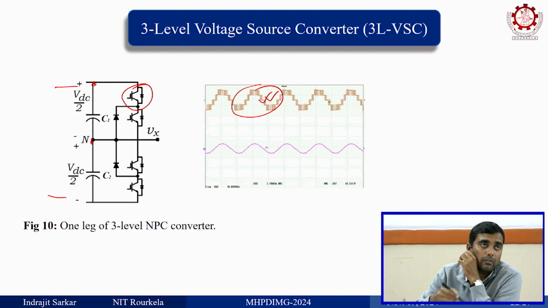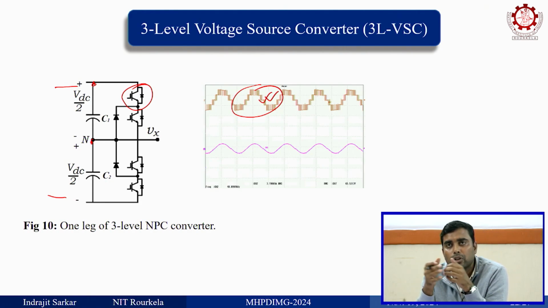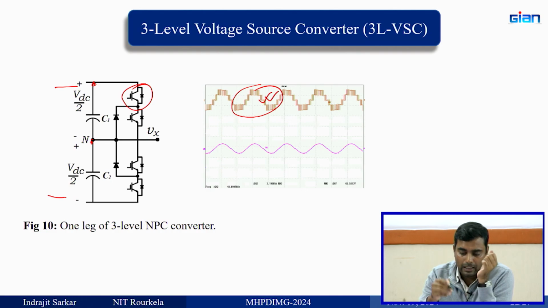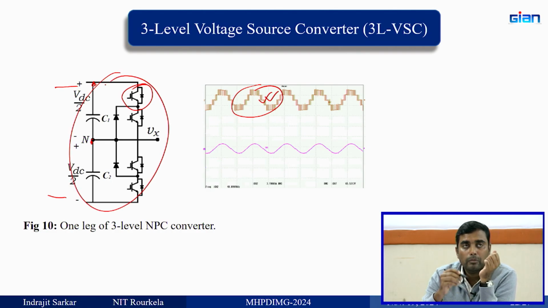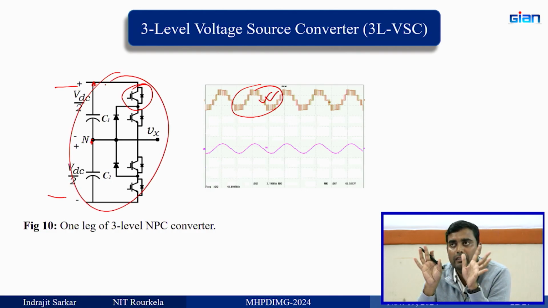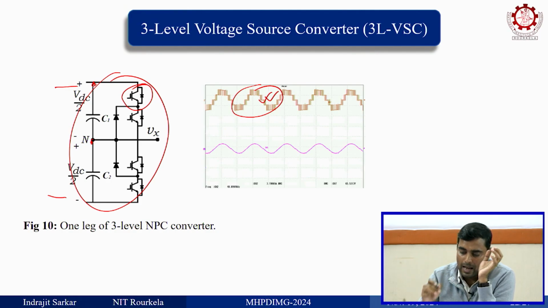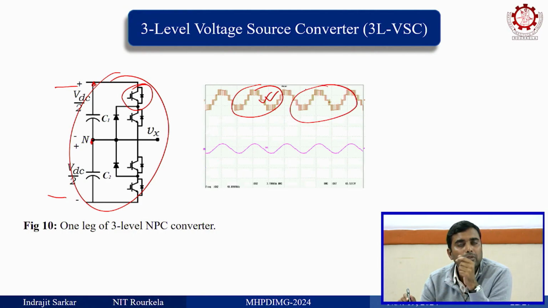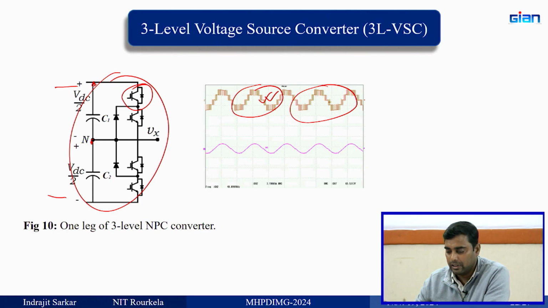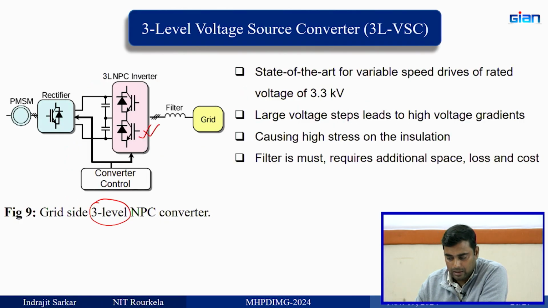So, this kind of configuration we can introduce, so that low power devices can be used for high power applications, and the topology is completely changed. Because of this, with low power devices, high power application is feasible. Another advantage that we get is that the output filter size is reduced.